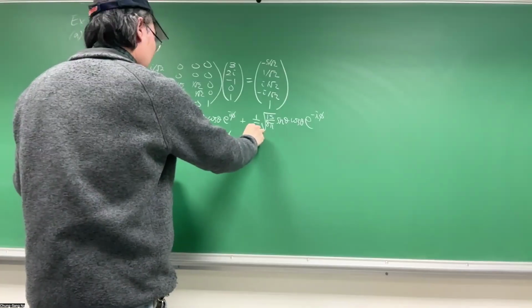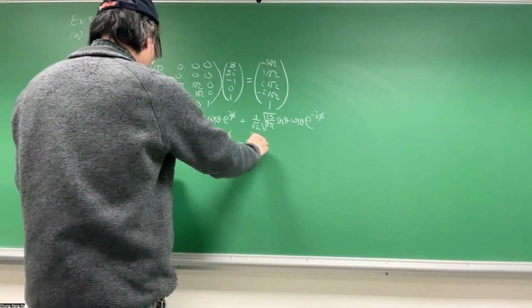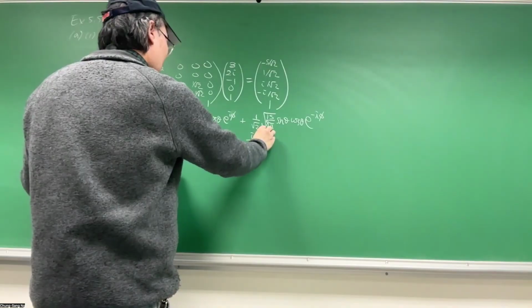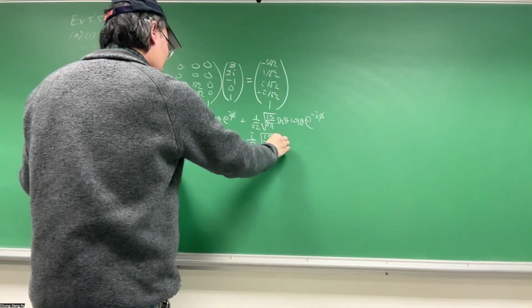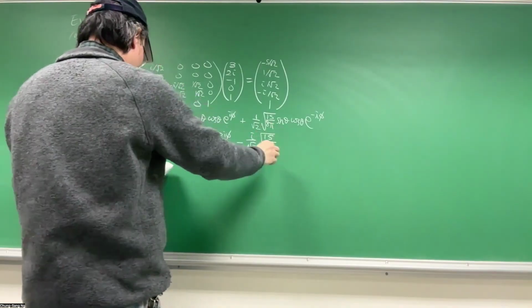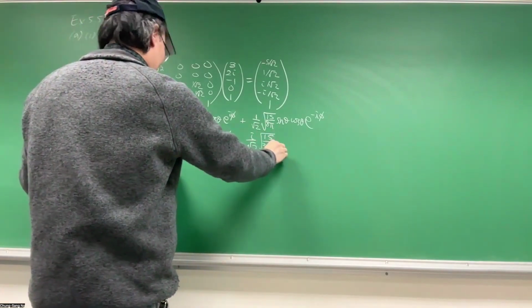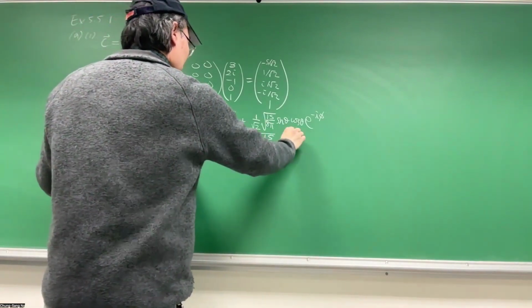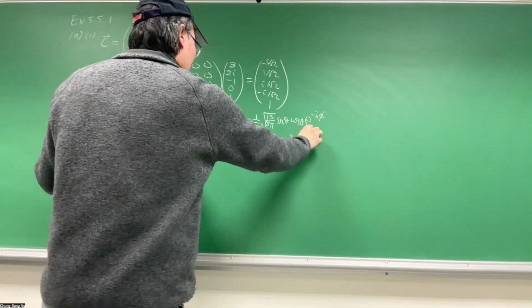Okay, and then minus I over square root of 2 chi 4 pi 15, 32 pi square theta e to the minus 2 I phi.